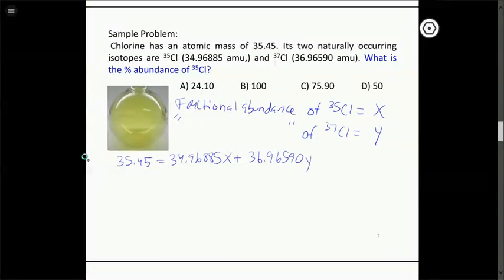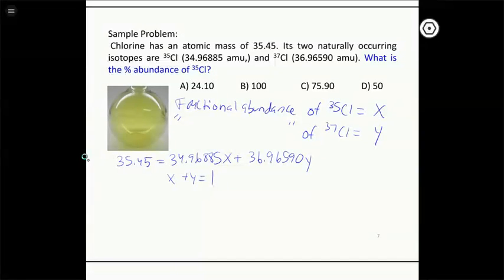Now we have a problem here because we have one equation and 2 unknowns, and anybody who's taken algebra knows that you can't solve this. But remember that there's another relationship involving X and Y. These are the fractional abundances, and as I said in the last one, they have to add up to be 1. So we have a second equation, X plus Y equals 1. The sum of those 2 abundances has to be 1. And in this problem, we're solving for X as we defined it.